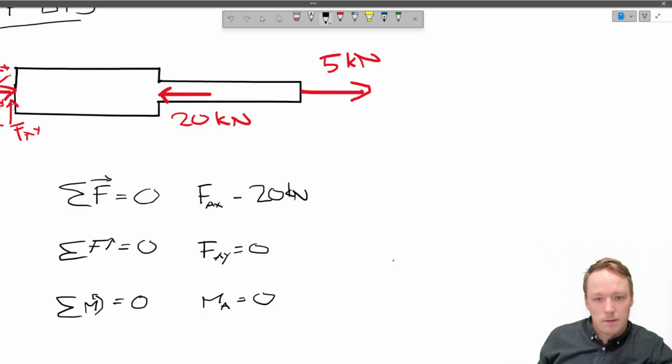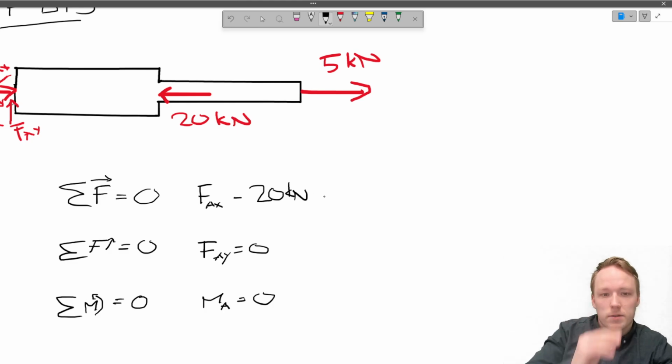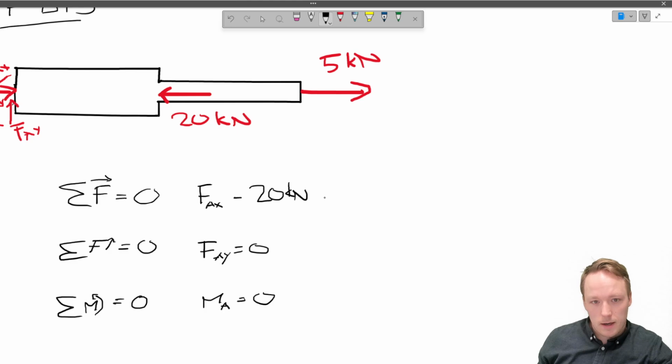And then we have 20 kilonewtons, which is from right to left, so it's negative. And then finally, we have the 5 kilonewtons at the end, which is in the positive direction, plus 5 kilonewtons here. And this all has to be 0.